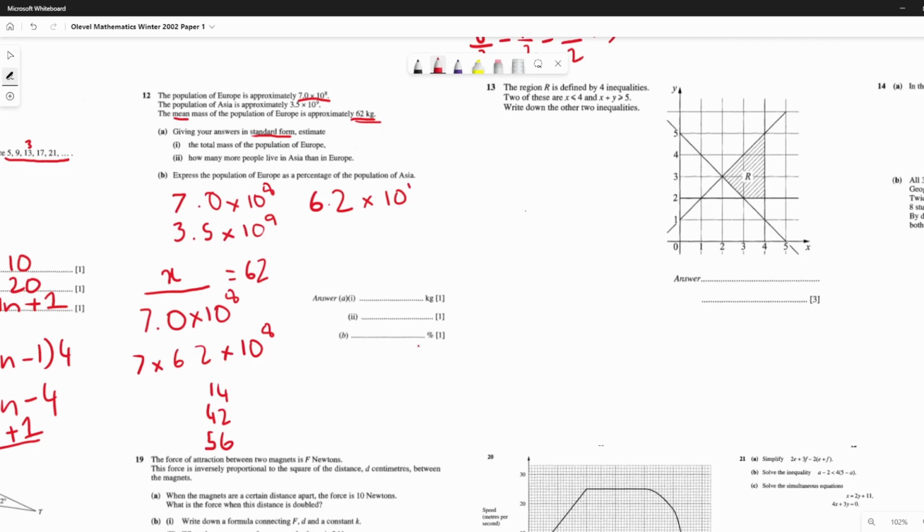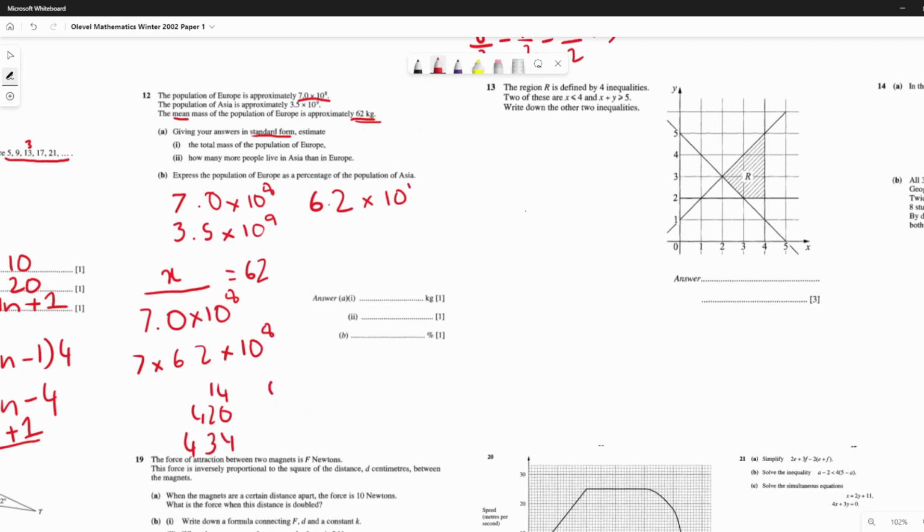So 7 into 62 is, that's not right. Yes, that is not right, because we need to add a 0, because it's 7 into 60 and not 7 into 6. So this would be 42, and then this would be 4, 3, 4.